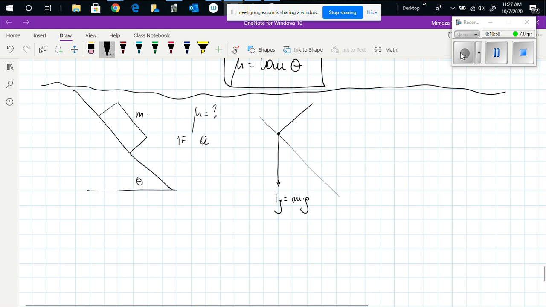You will have force normal perpendicular. We'll do the same thing as we did before. Those are the new axes. This is angle theta. And then the direction of the motion is this one here. And force of friction will be against the direction of the motion. This will be the vertical component of force of gravity. And this one here will be the horizontal component of force of gravity.